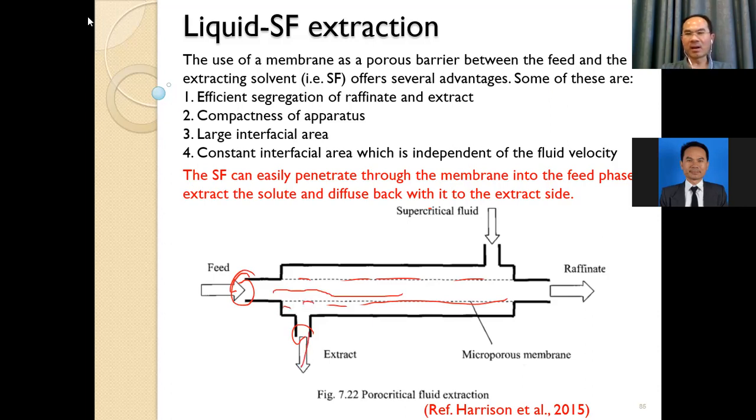The advantage of the membrane is that it is easy to separate the raffinate and extract phase. The extract phase flows across the membrane, and also the apparatus is compact, like small equipment, and has a large interfacial area. Interfacial area means the area where the liquid and supercritical fluid can contact.